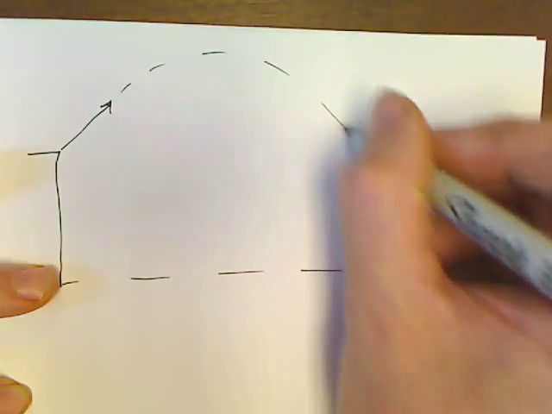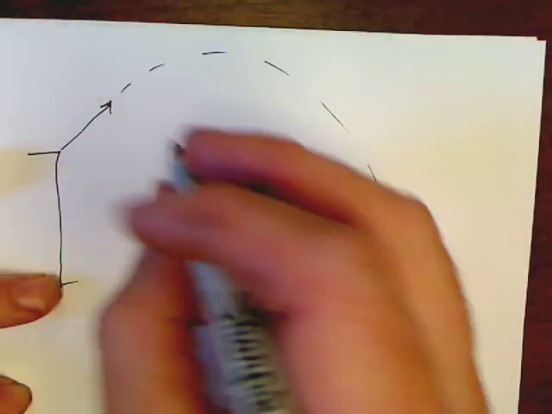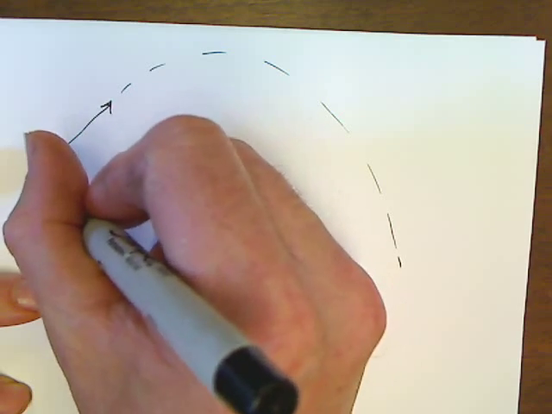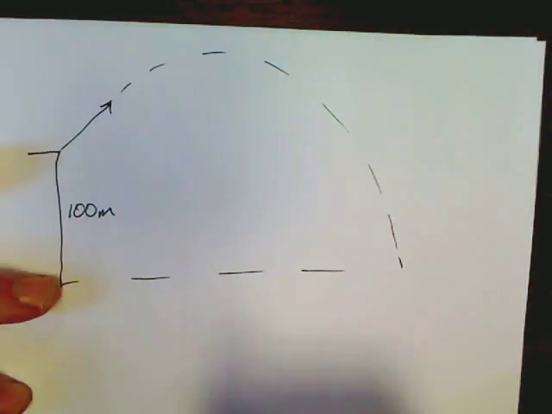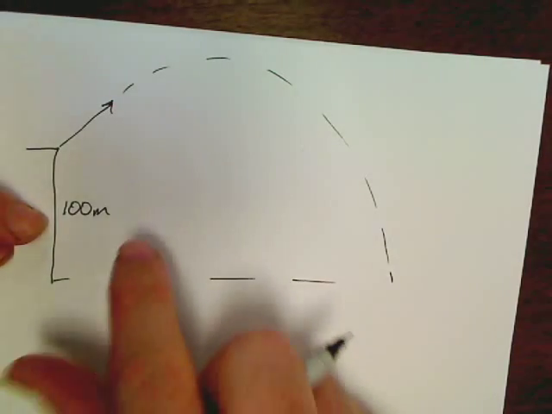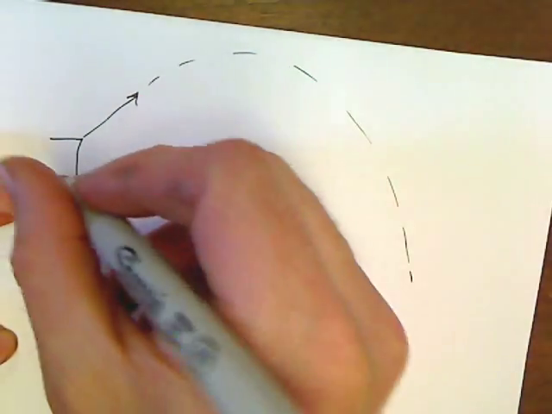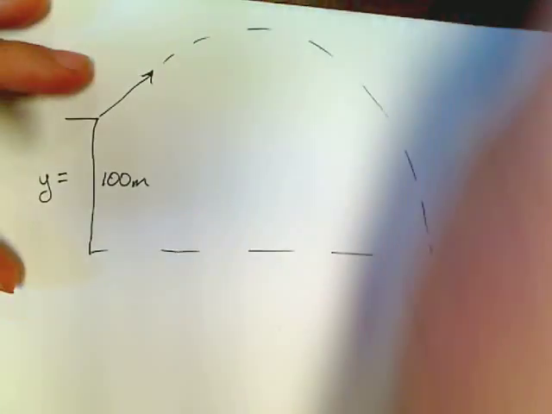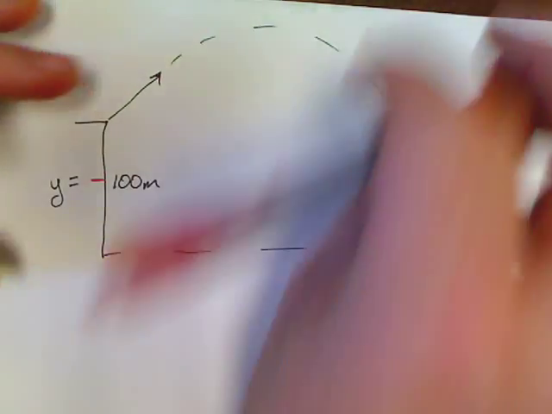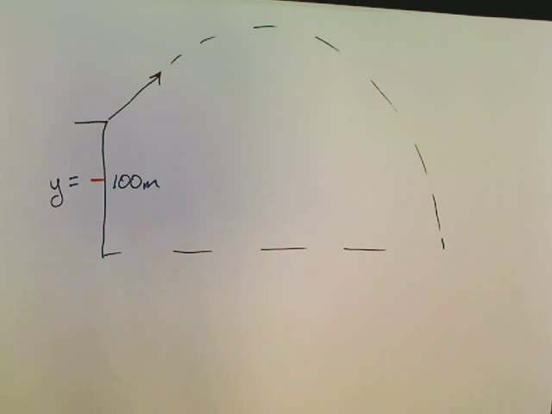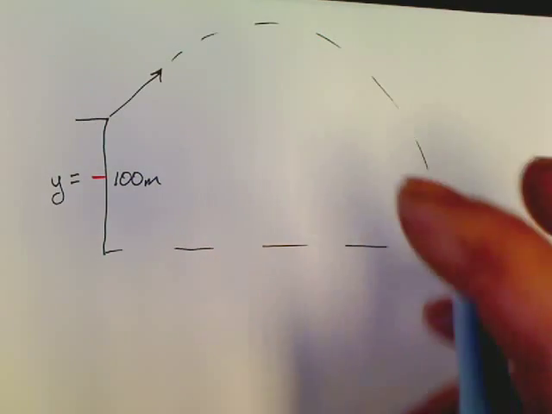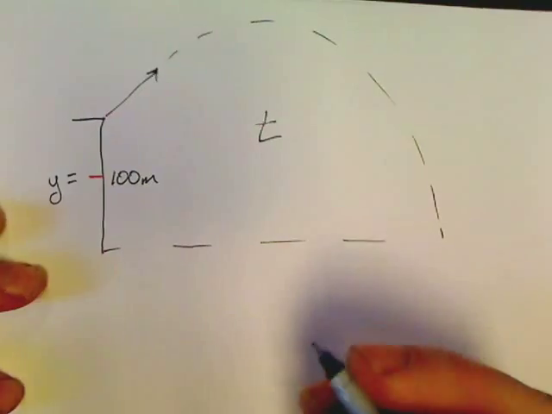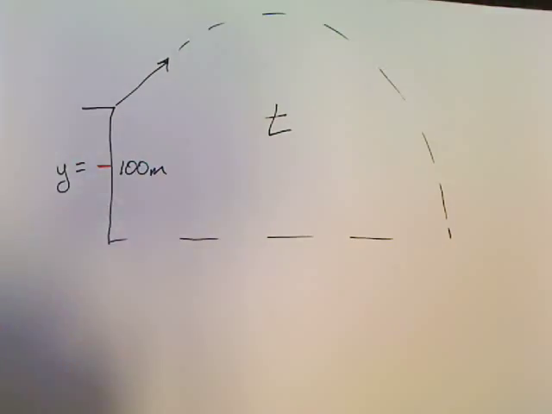The big thing is this: if you are asked to find time, and it tells you that this thing is 100 meters tall, that it's getting thrown off of, make sure when you plug this in to the third equation, you plug in negative for that 100. If you're trying to find that time, you plug in negative so you don't mess that problem up.